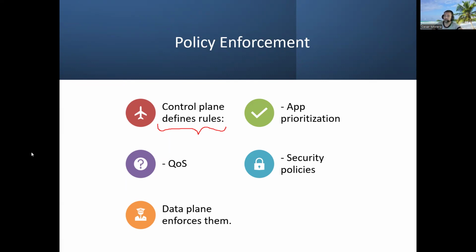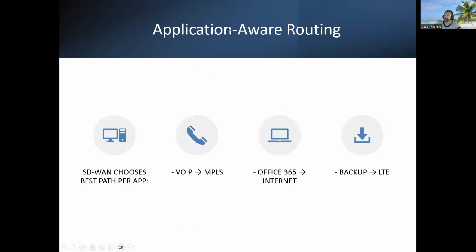Let's go ahead and clear the board and let's continue moving on. What else do we have? Okay, application aware routing. What is it? How does it work? What comes to your mind when you're talking about application aware routing? SD-WAN chooses the best path per application.